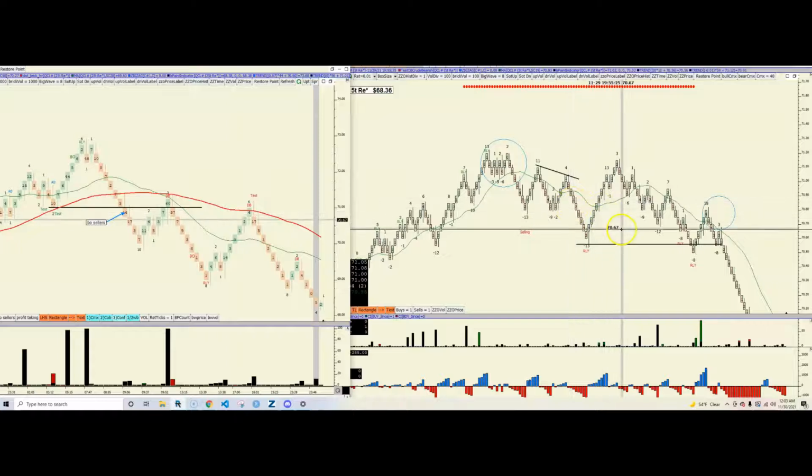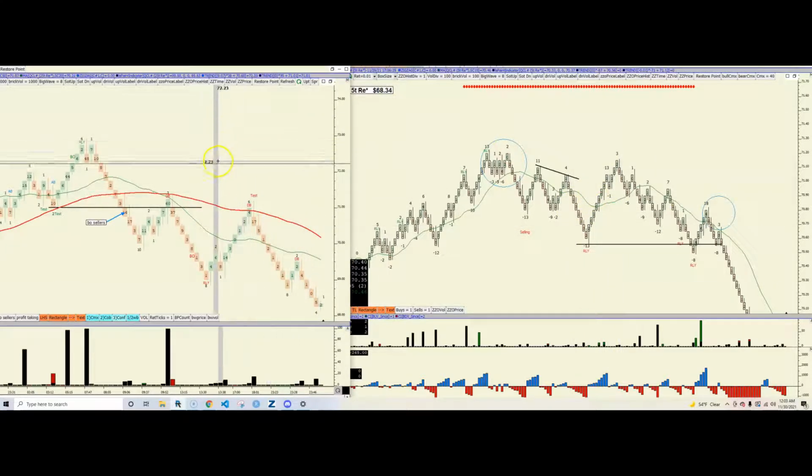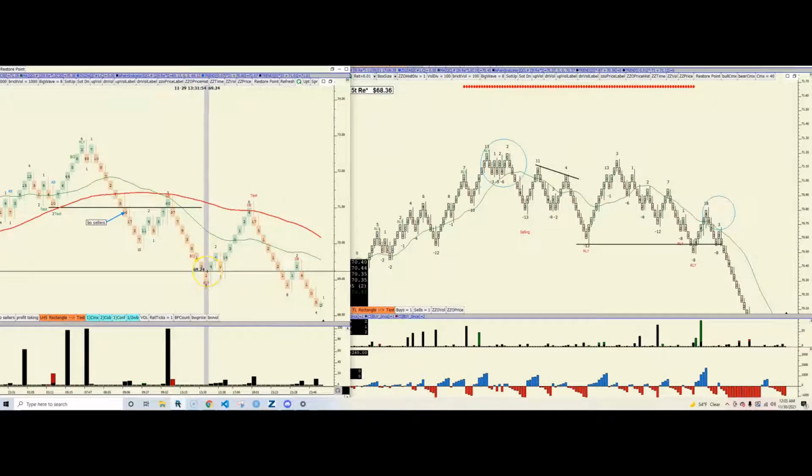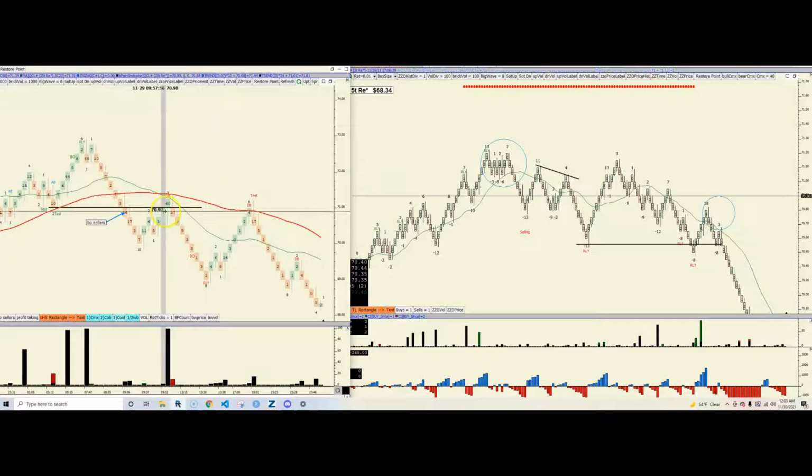What are the keys to that interpretation? The keys to that interpretation is to first go to the higher time frame, second to see the trend, and third to see the level. The trend is down, the level is a full test of a resistance area.